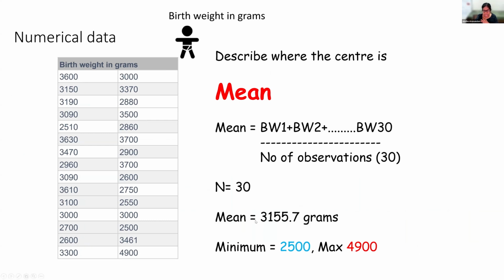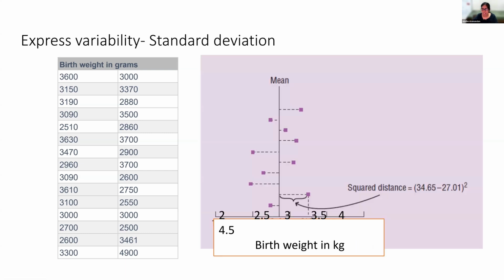Here the mean is 3,155 grams. To describe the spread, we can give the minimum and maximum values. But what we generally use is standard deviation to depict the dispersion, which gives more information than just the minimum and the maximum value.